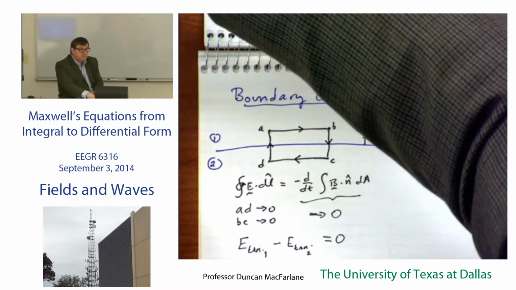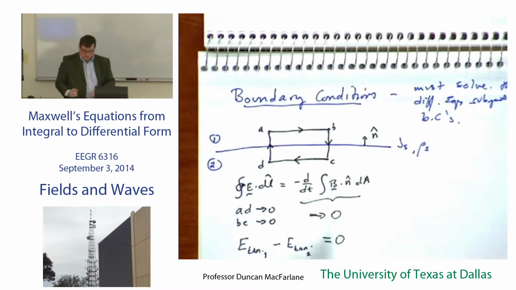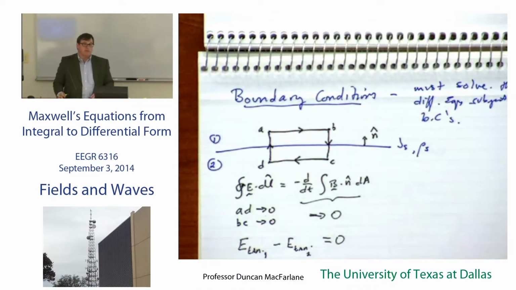The tangential component of that electric field across the boundary is going to be the same. We don't know what's going on with the normal component yet. But we do know something about the electric field now. So E tangential 1 is equal to E tangential 2.